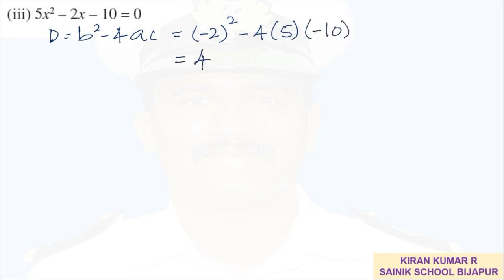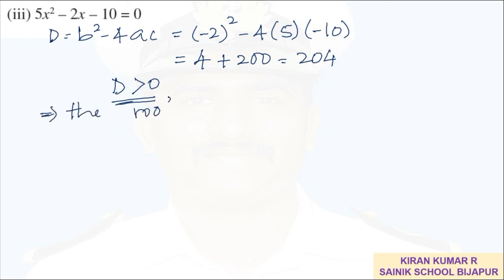So we get positive 4, positive 100. Sorry, 200. So 204. This 204 is larger than 0. Therefore, we get the roots are real.